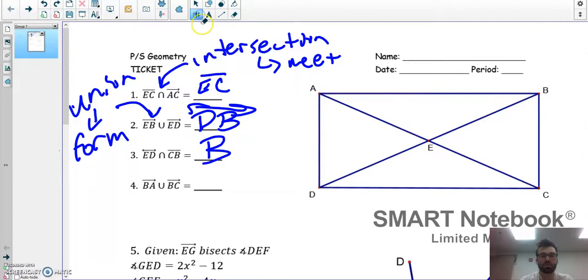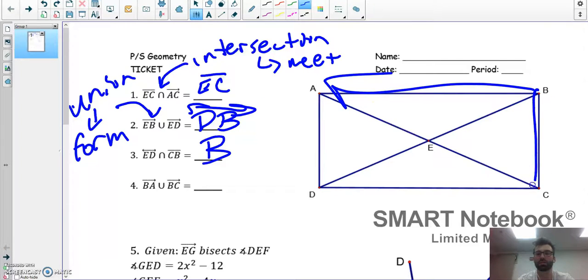Last one. BA union BC. What did I draw? I drew an angle, angle ABC. Now, here's the deal. It's very important that you have B in the middle. You could have said CBA, but B is our vertex. And how do I know?